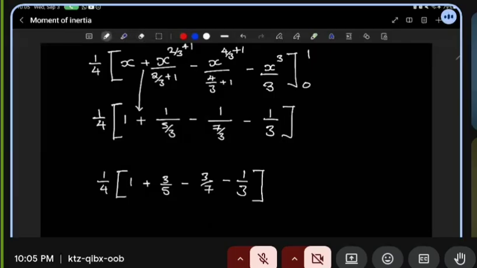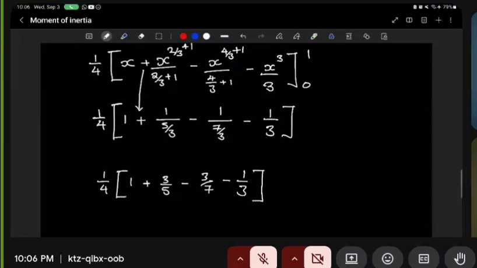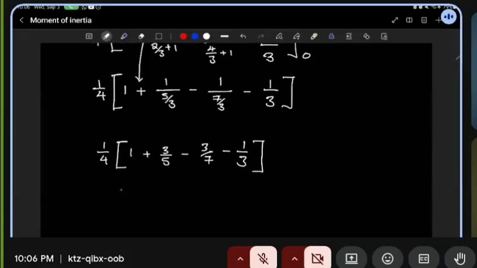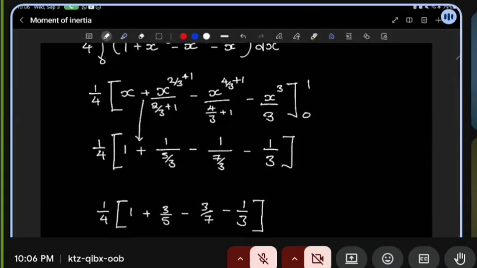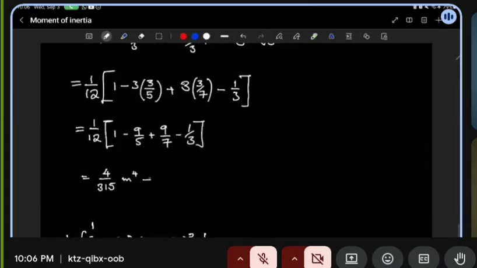So what are we getting when we evaluate this? 22 over 105. Okay, so once we have the two expressions, so here we'll have plus 22 over 105.